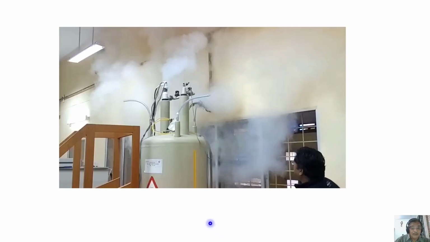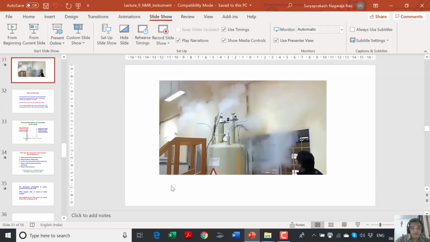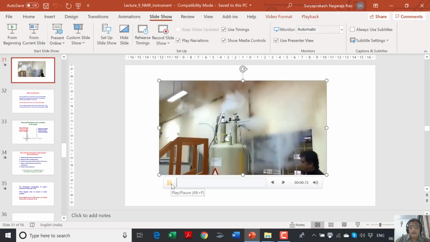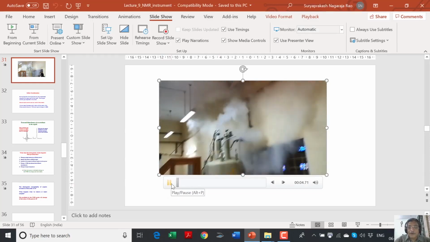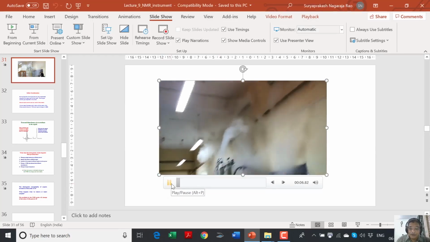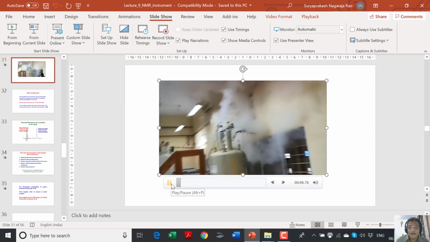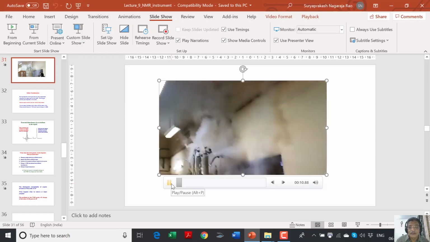See here. You can see this is the quench which happened in our lab, one or two years back while charging the magnet.